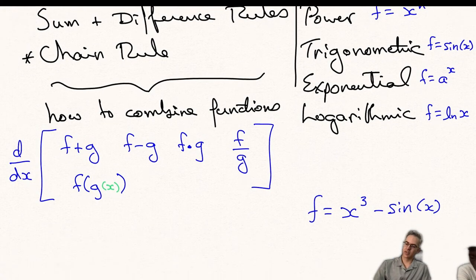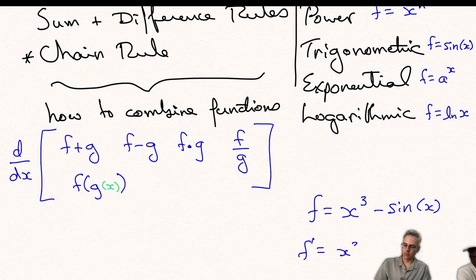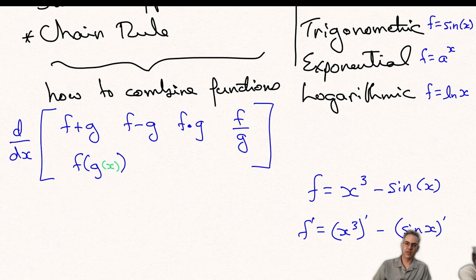What is f prime? Well, it would be the prime of x cubed minus the prime of sine of x. I wanted primed. You understand what it means when I write this in brackets prime?